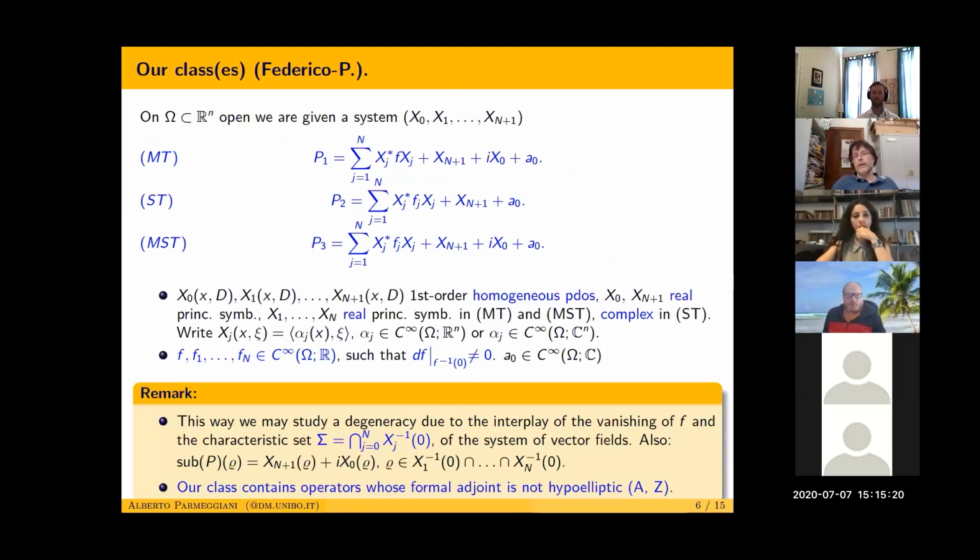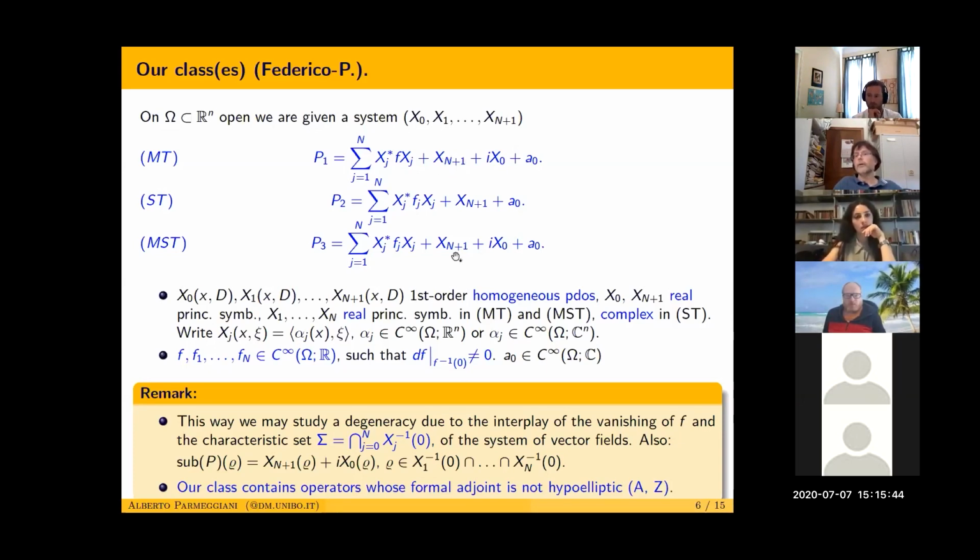In the MT case, we'll see that there is a characteristic set, which is given by the intersection of the vanishing sets of xj and of x naught. So xn plus 1 does not give any contribution in this case.